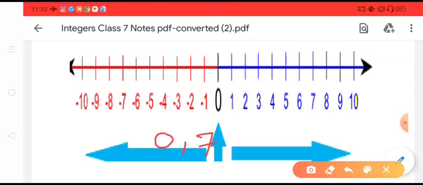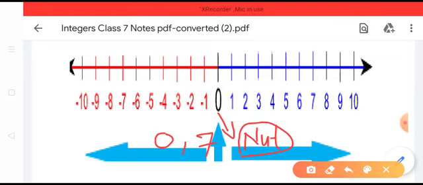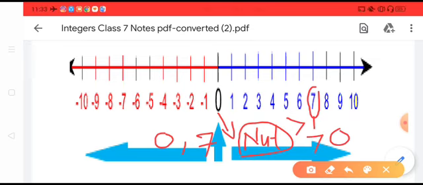All of you know that 0 is a neutral number. It is neither positive nor negative. So plus 7 is there, so 7 is greater than 0.